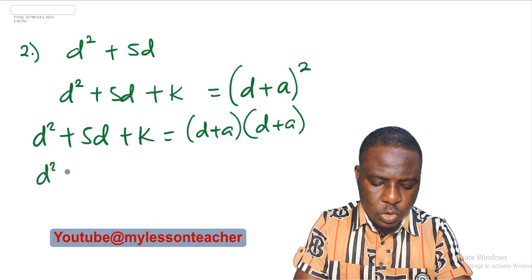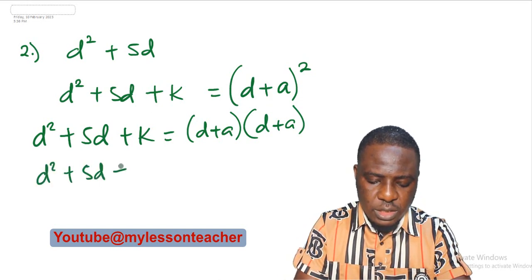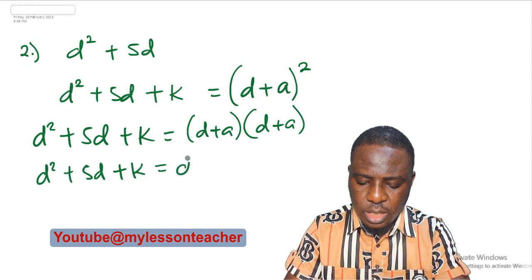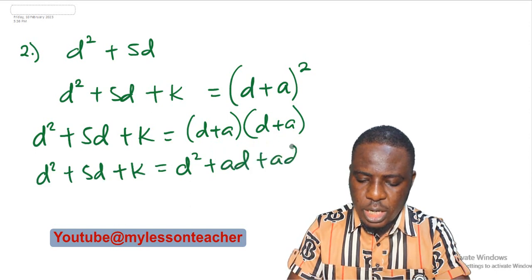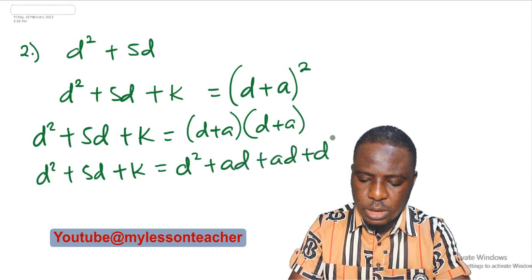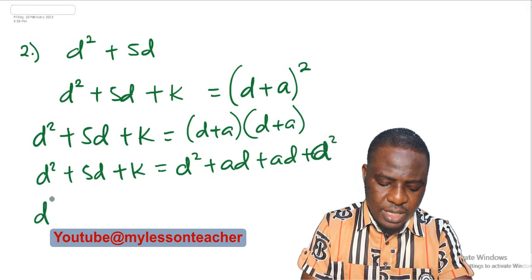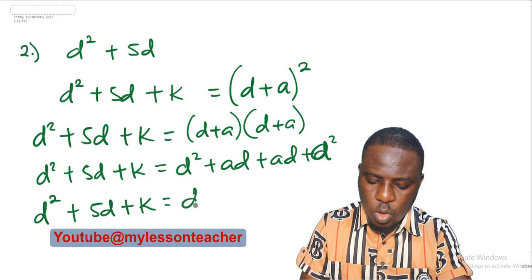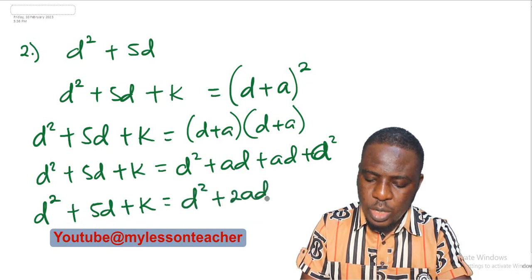This becomes d squared plus 5d plus k is equal to, simplify this, you have d squared plus ad plus ad plus a squared. And when you simplify this further, you have d squared plus 5d plus k to be equal to d squared plus 2ad plus a squared.